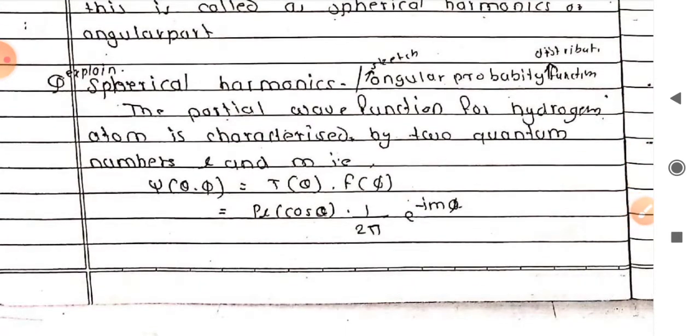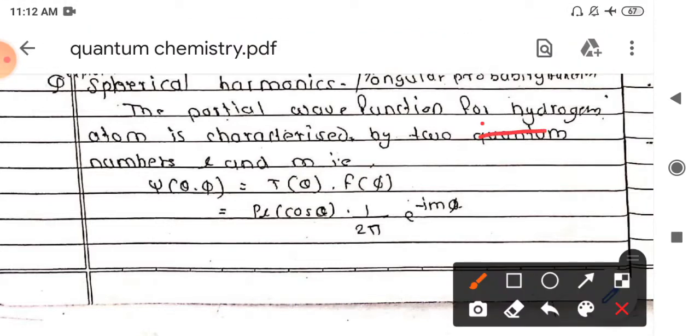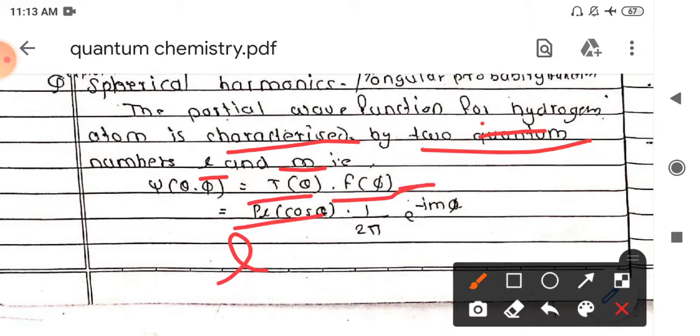Spherical harmonics is a partial wave function, not the total wave function, because the total wave function should also contain r. It is the partial wave function for the hydrogen atom, characterized by the two quantum numbers L and m. T depends upon the azimuthal quantum number, and f depends upon the magnetic quantum number. So it is 1 upon under root of 2 pi.